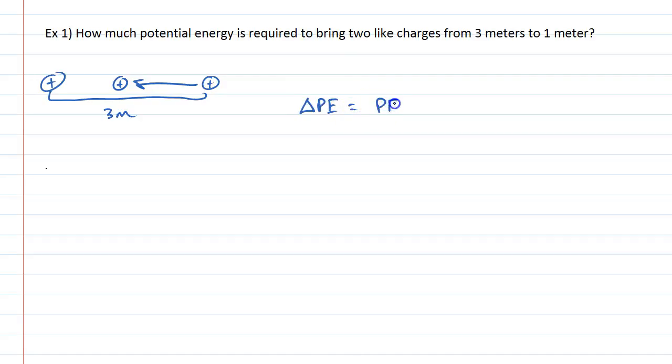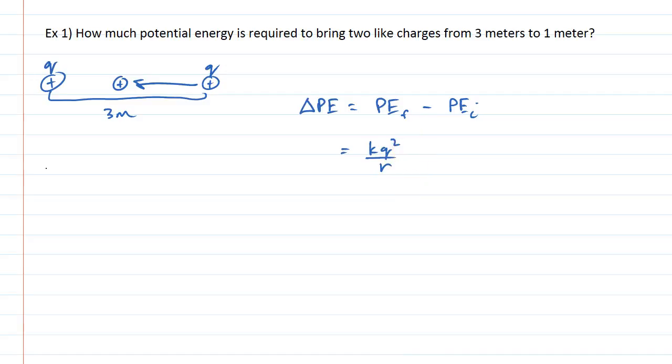And it's just like in Physics 1. You're going to take the final minus the potential energy of the initial. Now in this case, in both of these, we're going to have k times q squared all over r. Now I write q squared because each of these are going to have a similar positive charge q, and so instead of a capital Q, I replace one of the q's with that.